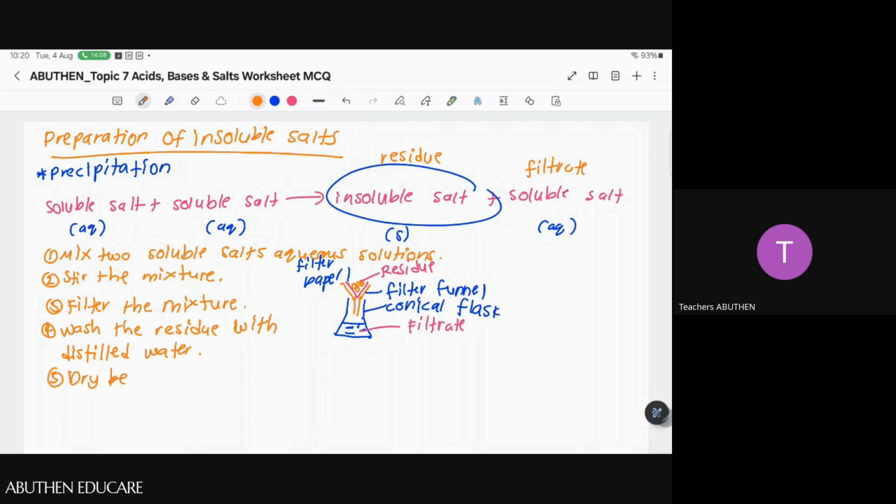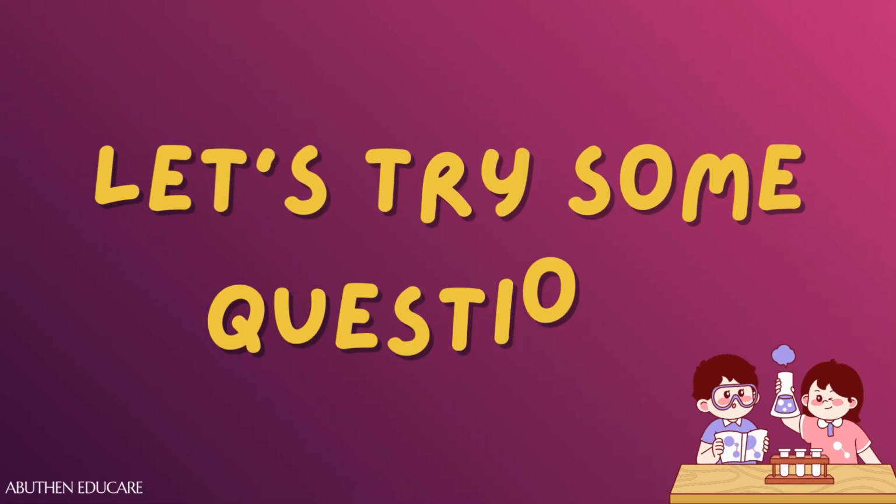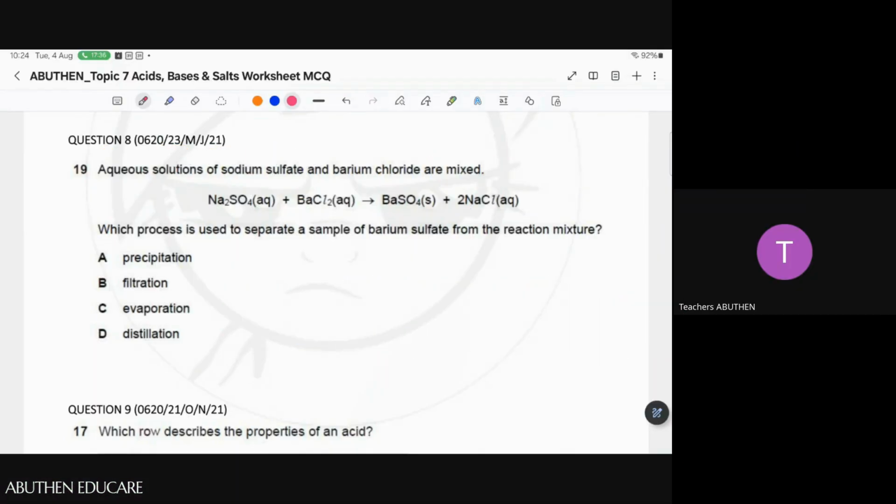Dry between filter papers. If you notice the pattern, aqueous plus aqueous gives you solid and aqueous. So soluble plus soluble gives us insoluble and soluble. This is precipitation to prepare the insoluble salt.